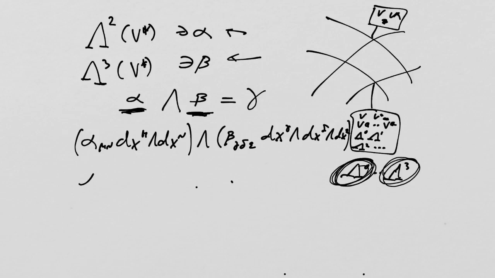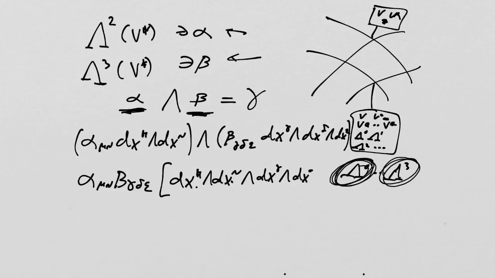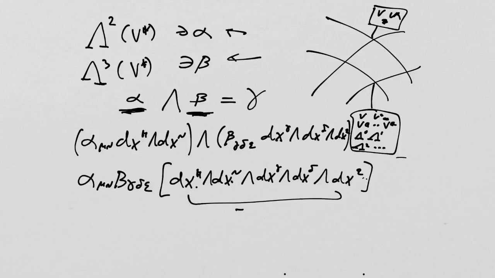So we can create alpha mu nu beta gamma delta epsilon by pulling out these coefficients, and then creating dx mu wedge dx nu wedge dx gamma wedge dx delta wedge dx epsilon. And this whole thing is a 5 form.